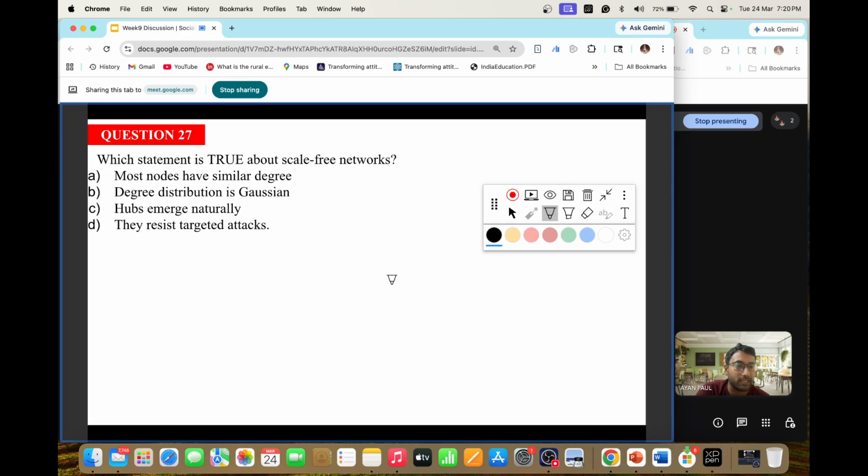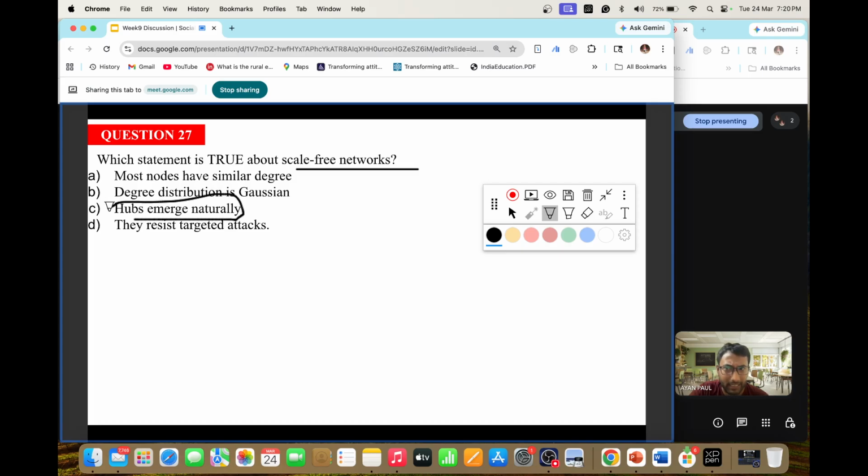Let's move on to the next question, that is question number 27. Which statement is true about scale-free network? Most nodes have a similar degree. Degree distribution is Gaussian. Hubs emerge naturally. They resist targeted attack. Which is true about the scale-free network? Most nodes have similar degree, false. Degree distribution Gaussian, false.